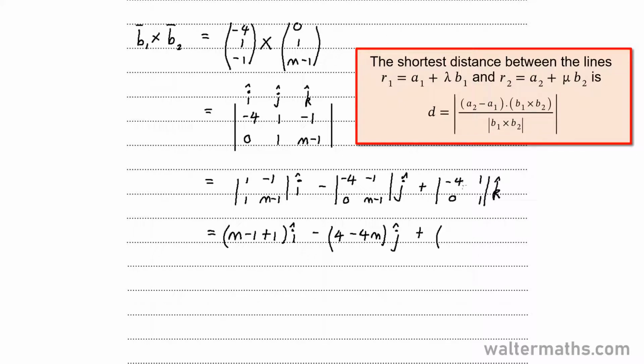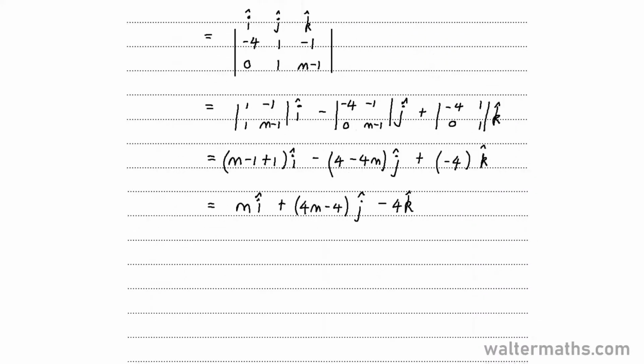Here we are going to have minus 4 times 1, which is minus 4, and minus 1 times 0, which is 0. So that's for k. Okay, so if we simplify this, we'll be having m i, and this can be written as plus (4m minus 4) j, and that's minus 4k. So this is what we get for the cross product of B1 and B2.